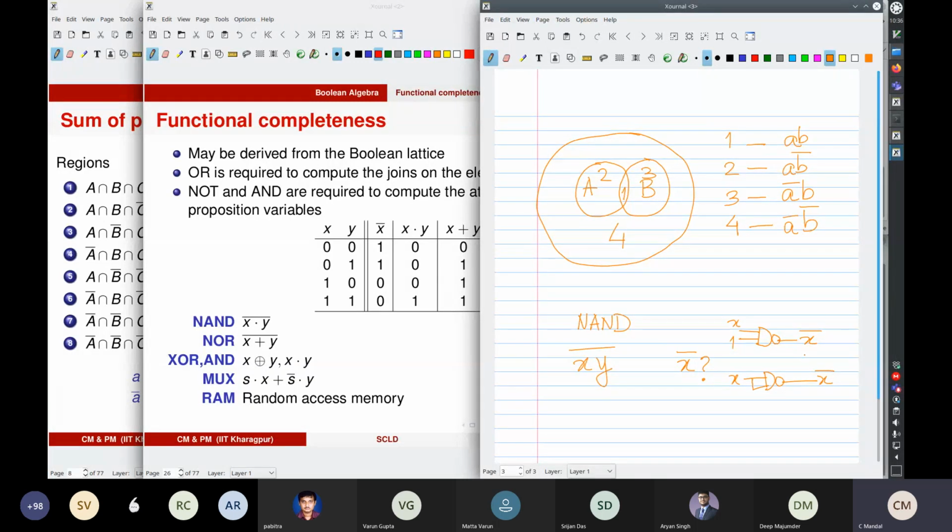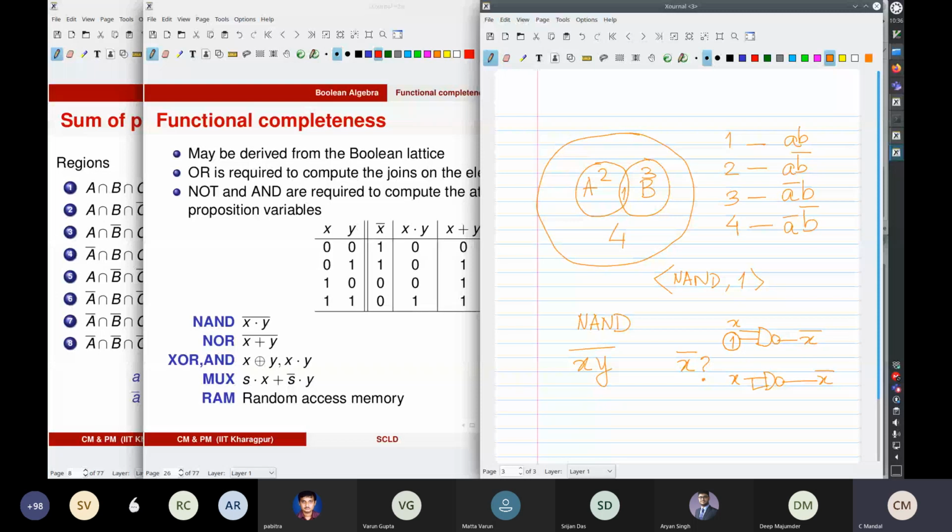Actually, I was just thinking that maybe you require NAND and 1. Here you would be using NAND and 1 to compute x bar.